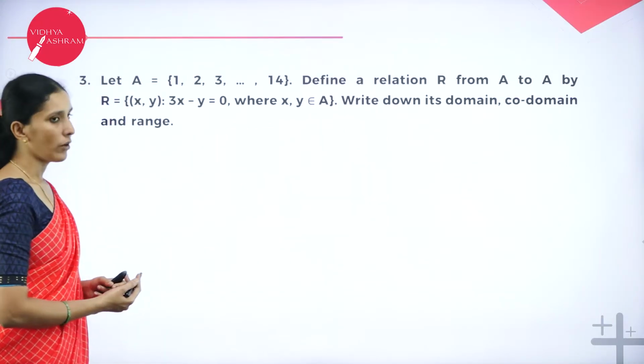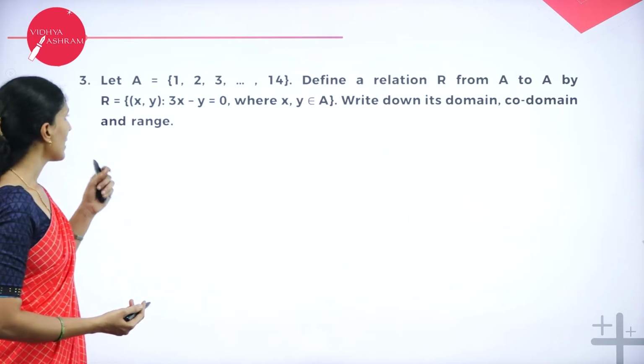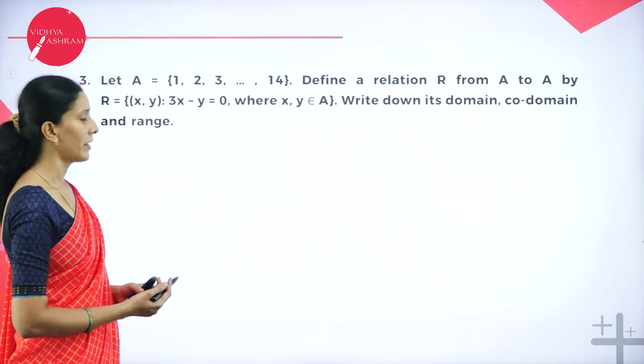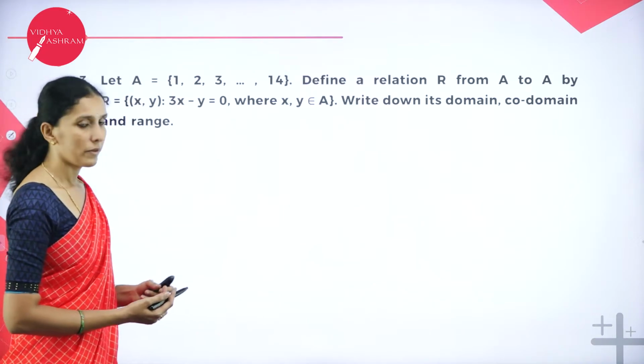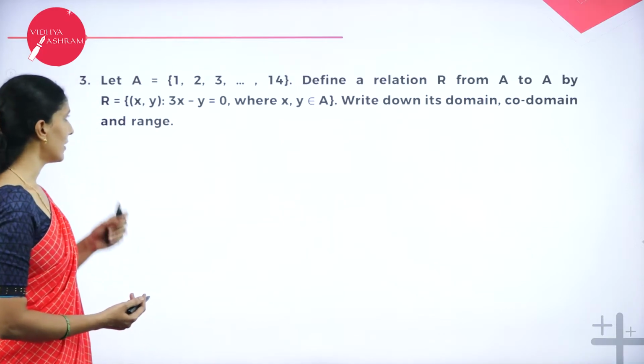A is defined from 1 to 14. Write a relation from A to A. R is equal to x comma y, 3x minus y is equal to 0, where x comma y both belong to the set A. Write down domain, codomain and range.